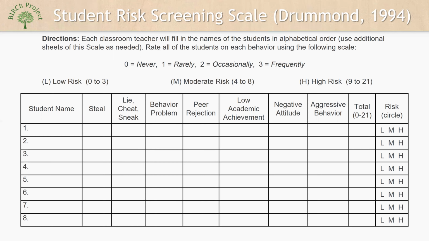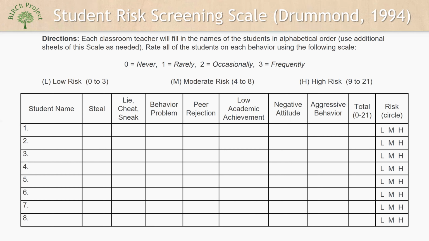What's unique about the SRSS is that we simultaneously fill out ratings for all students in a matrix format. So if I list my class roster down the left column, and then the items are listed across the top, I provide a rating for each student on my class roster for each one of these particular behaviors. And I come up with a total score, and that total score indicates risk.